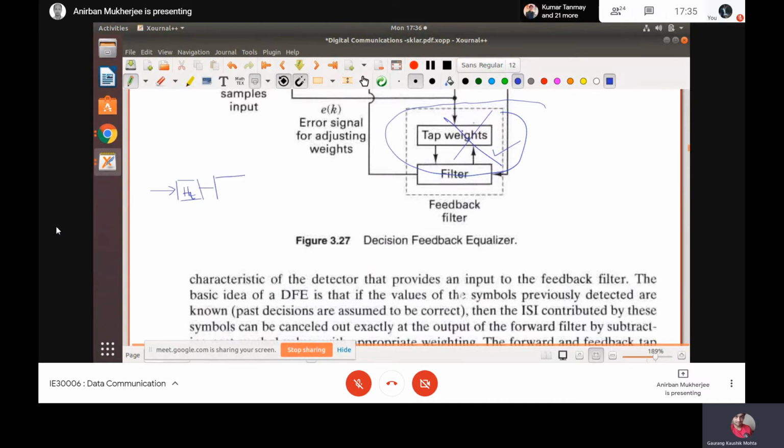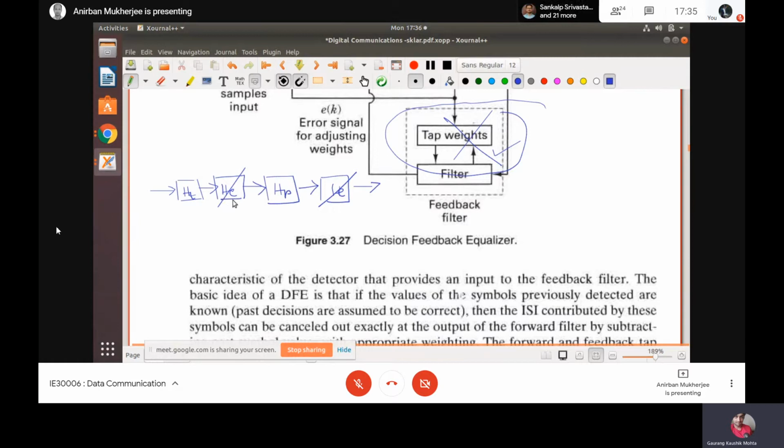HT, HC is gone, then HR, it is all a function of F, so this is gone, this is gone.